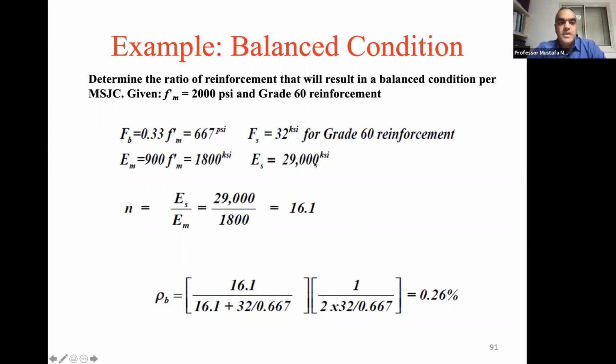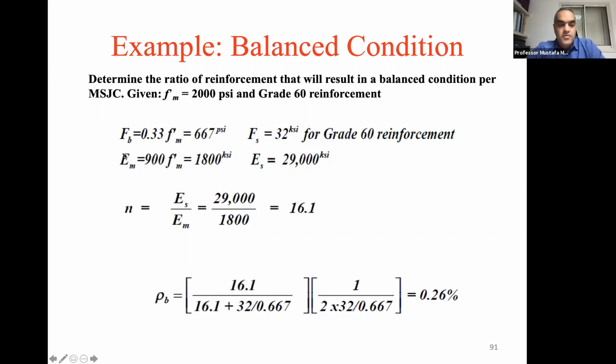So here we have to determine the ratio of reinforcement that will result in balanced condition per MSJC, that's the masonry code, given F prime M 2000 and grade 60 reinforcement.